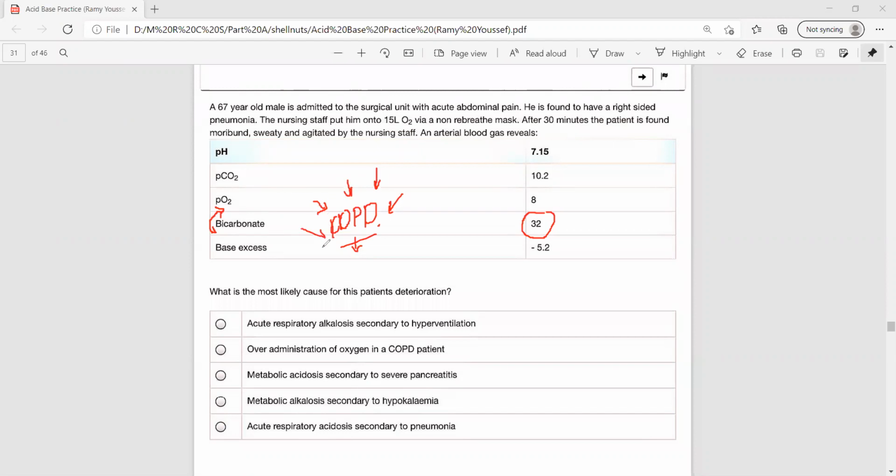I remember that this question came in my exam. So our answer will be B.